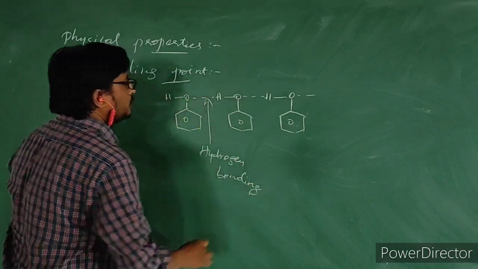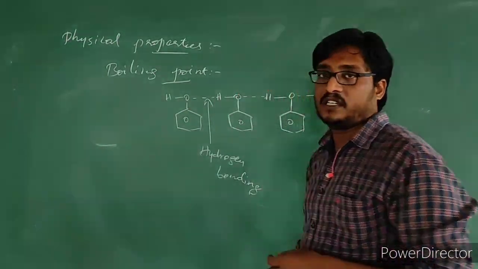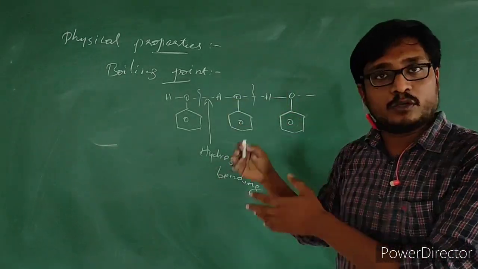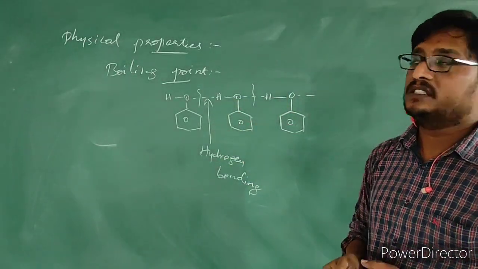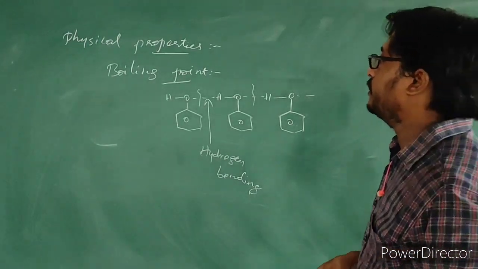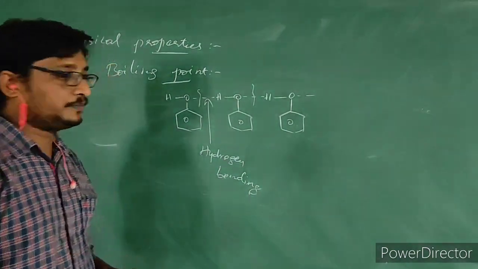In order to convert this into the vapor state, more energy is required because these hydrogen bonds have to be broken. Then only it can move into the vapor state. So this is about the boiling point of alcohols and phenols.